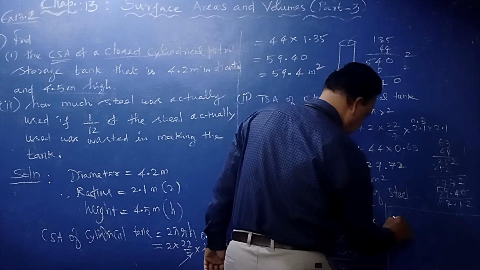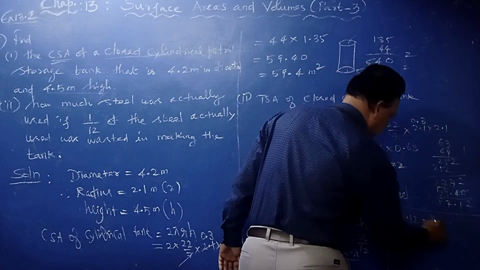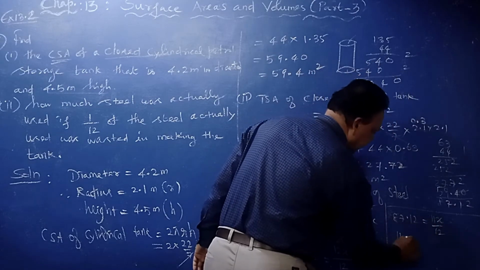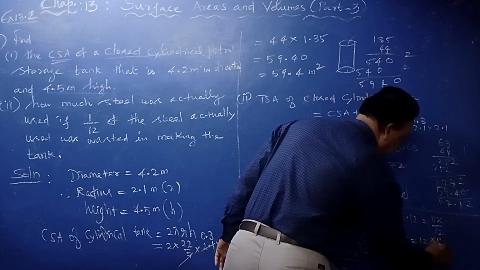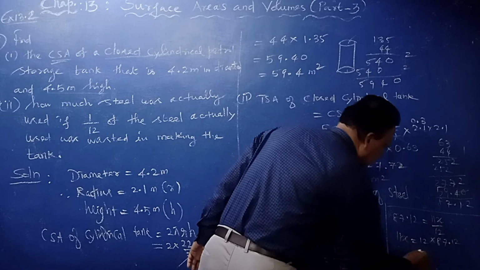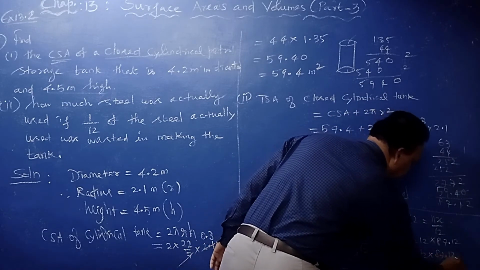That is 87.12 equal to 11x by 12. Now cross multiply: 11x is equal to 12 into 87.12. Now you divide by 11. x is equal to 12 into 87.12 by 11.